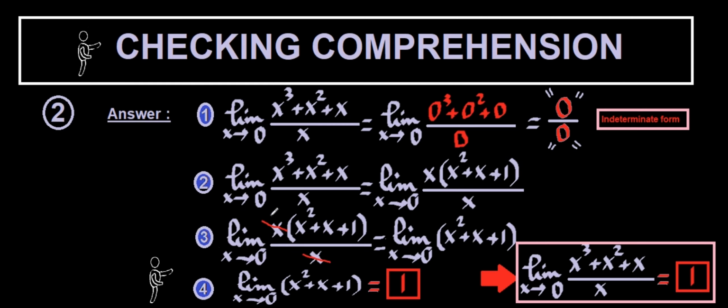We cancel x from the numerator and the denominator, and we get x squared plus x plus 1. Step number 4. We substitute the value 0 in the expression x squared plus x plus 1 to get the limit 1. Finally, the limit as x approaches 0 of the expression x cubed plus x squared plus x divided by x is equal to 1.